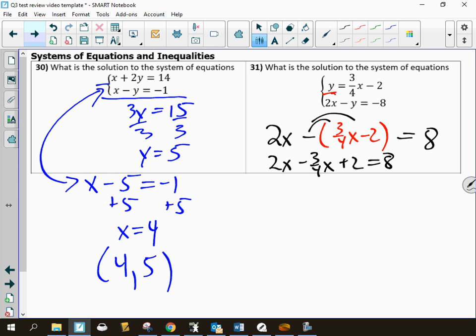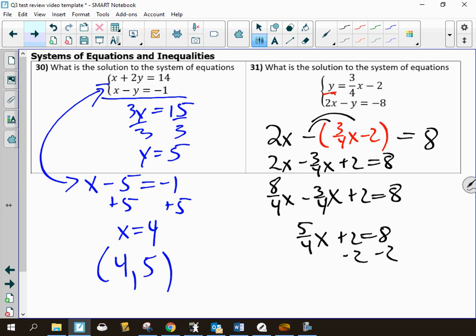If this boggles your mind on what I'm doing here, don't worry, get in the DeLorean, go back to 5th grade and learn how to do your fractions. On the other hand, you can just do 2 minus 3/4 in your calculator and hit enter as well as another option. From here, we're just finishing the algebra equation.